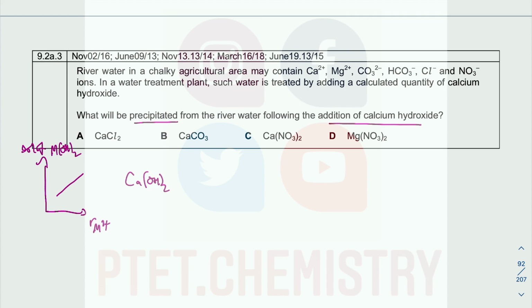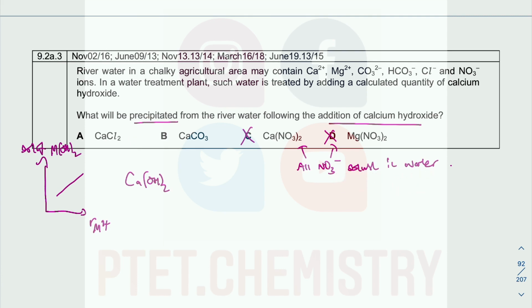If you think about what will be precipitated, I can tell you the nitrate is not, because you would have known that nitrates are very soluble in water. That's why you have a problem when you use nitrate fertilizer. The nitrate fertilizer gets washed easily by rainwater into your river and causes eutrophication, and you don't want that. Plus, the nitrates are all soluble in water. That's your solubility rule of salts in O level.